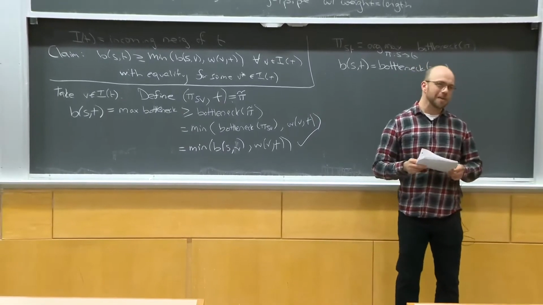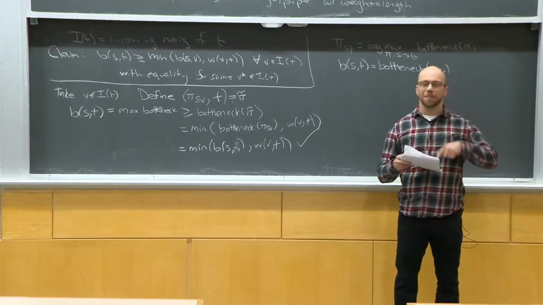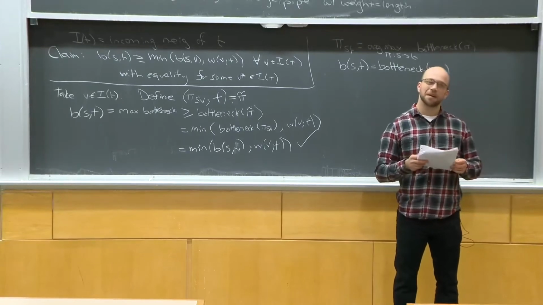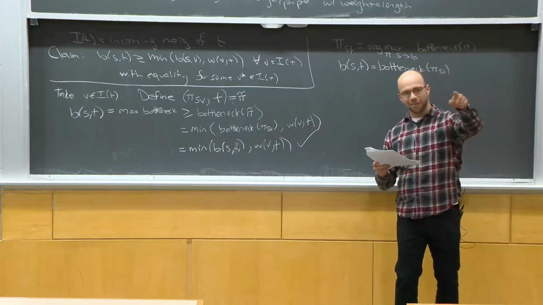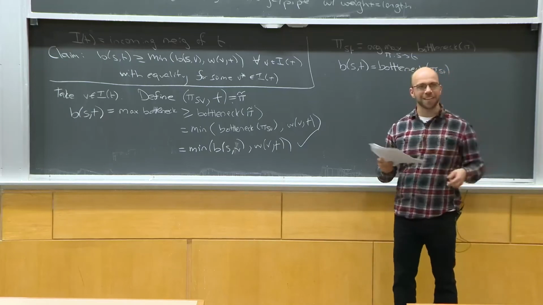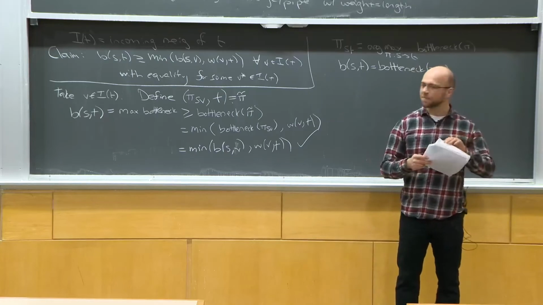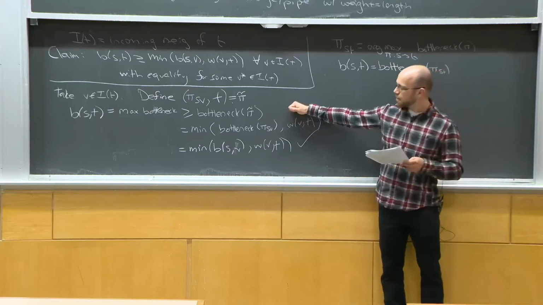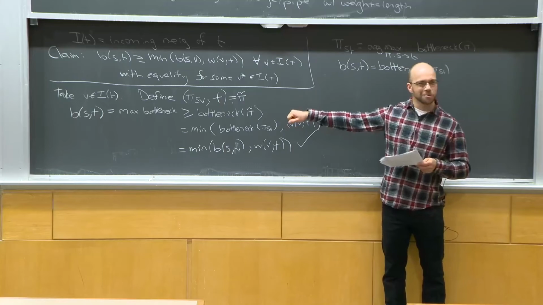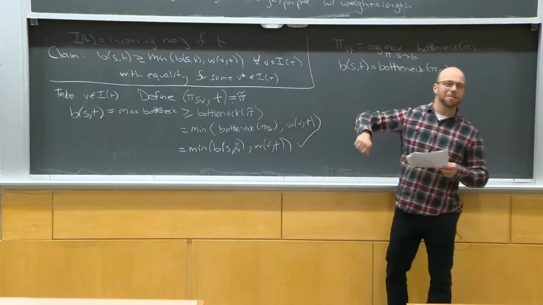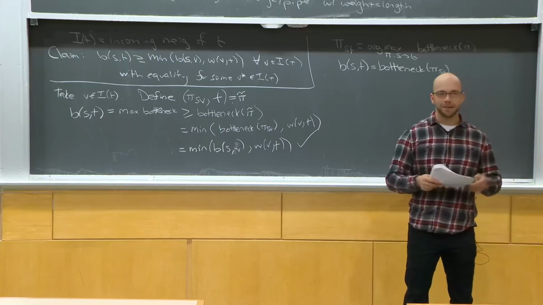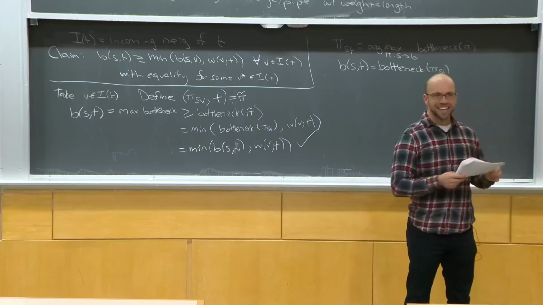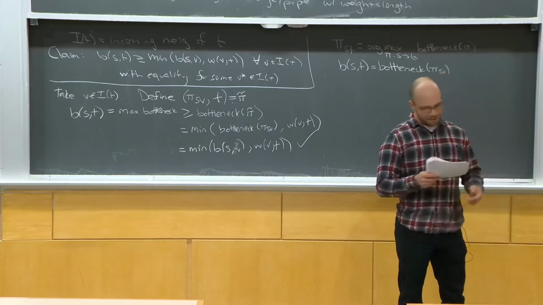So if I look over all of my neighbors and then I add in my closest edge, or rather, the sum of the path length to the previous vertex plus the edge to me, that gives the shortest path to me. Here, instead of that, we're saying the biggest bottleneck path. So what do I do? I look at all of my incoming neighbors. I find the one with the biggest bottleneck, which is limited by their bottleneck plus the bottleneck of the incoming edge, and then I update myself.